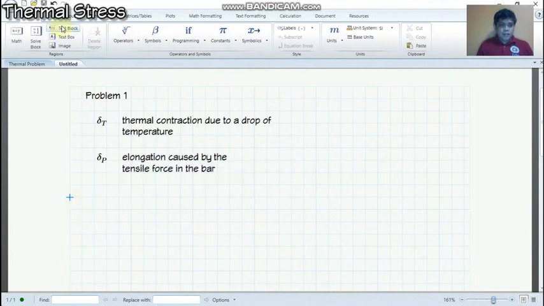Okay, so let's start with the first condition wherein the walls are rigid.